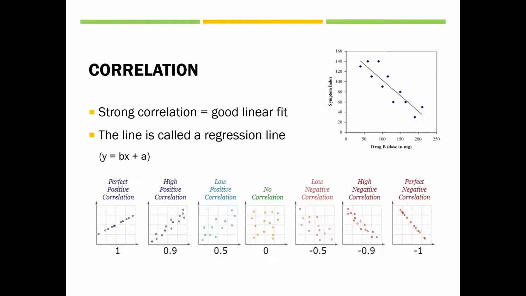So you might have a moderately strong correlation or a situation where data points are scattered all over the place, might indicate there's no correlation at all. Or maybe there's a very slight correlation where some of the data points are close together on the line and some are outside of it. So this picture of these different scatter plots shows the differences in the types of correlations that you can have.